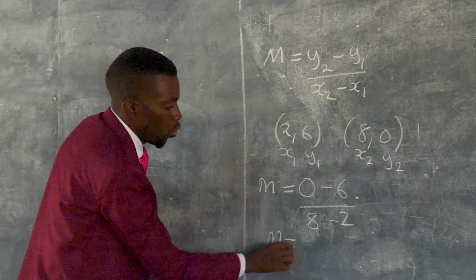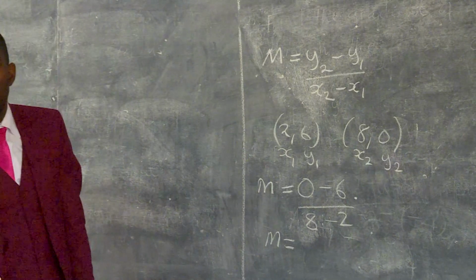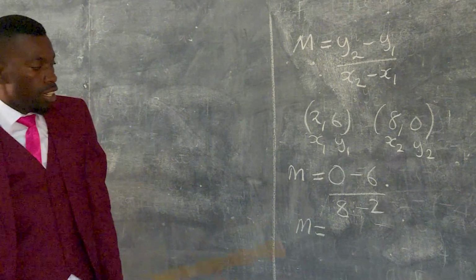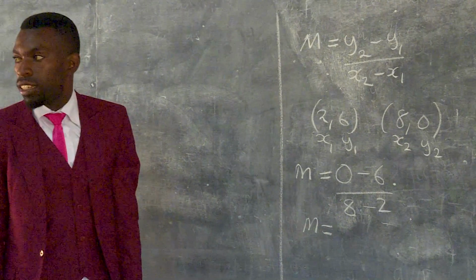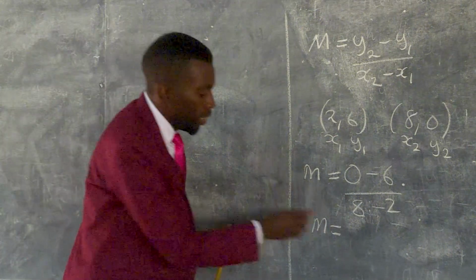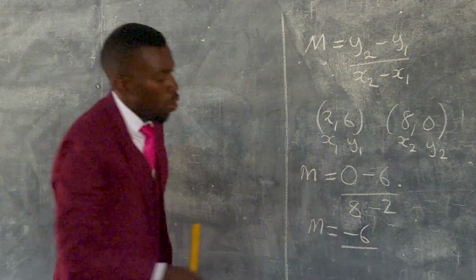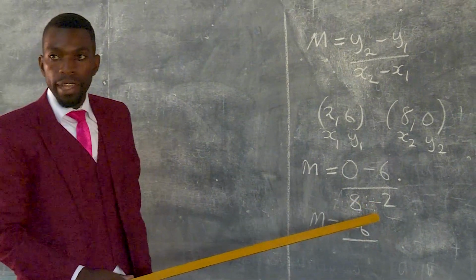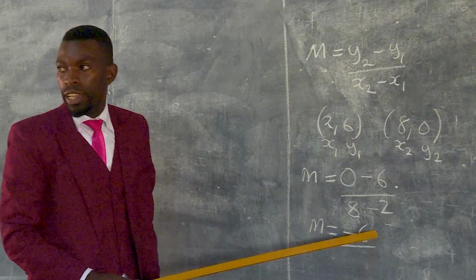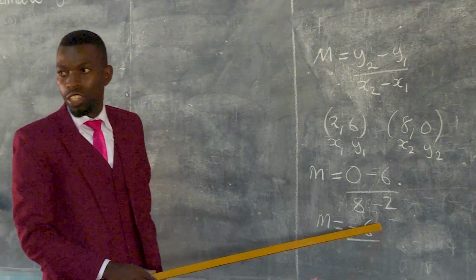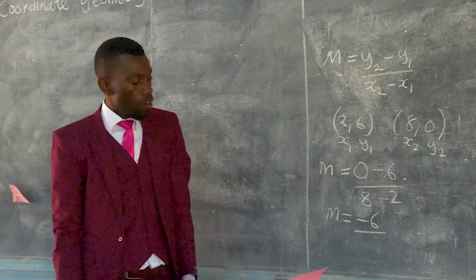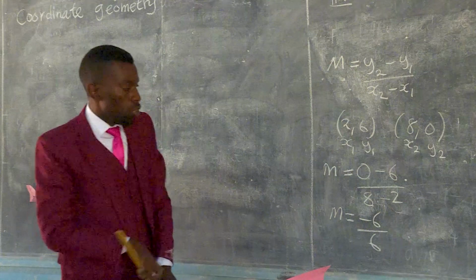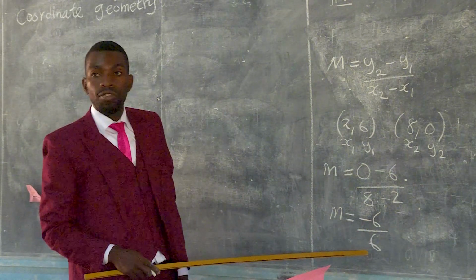So m is equal to, we move on now, 0 minus 6. So 0 minus 6 it is negative 6 over. Then move on. 8 minus 2. Yes, sir. 6. So it will be 6. So we have negative 6 over 6.